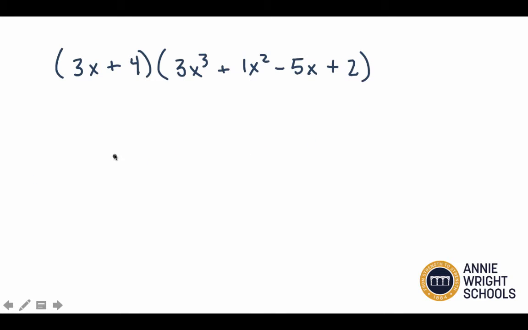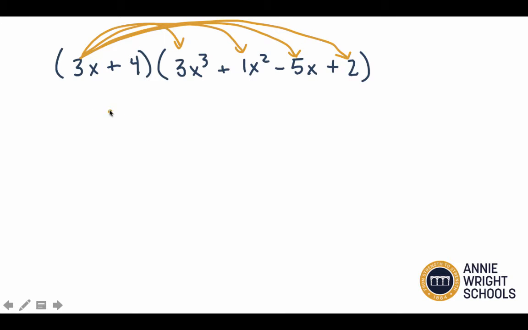The process that we did before, where we distributed this to everything, and then this gets multiplied to all those, is just the mathematical process that's happening. But what you need to know here is you just need to take 3x and multiply everything in this parenthesis by 3x. That's how you're going to start.